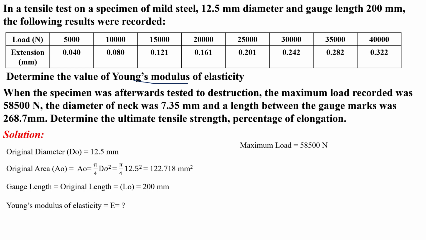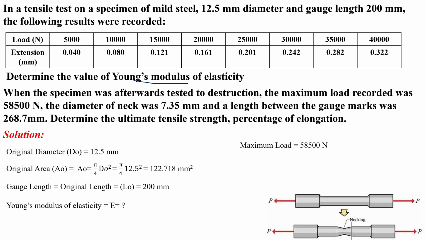And diameter of neck is given as 7.35 mm. So after the test, the diameter at the neck is 7.35 mm. The final diameter of the specimen is the diameter at neck. Let's consider DF equal to 7.35 mm.